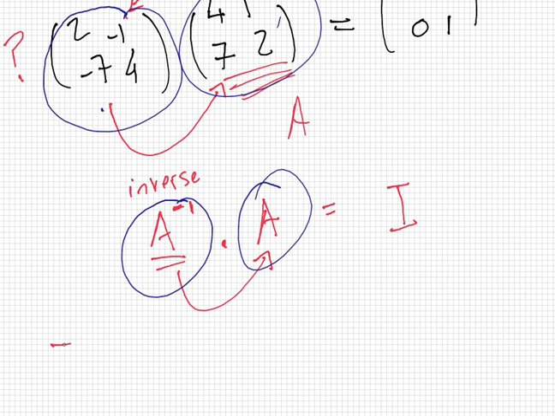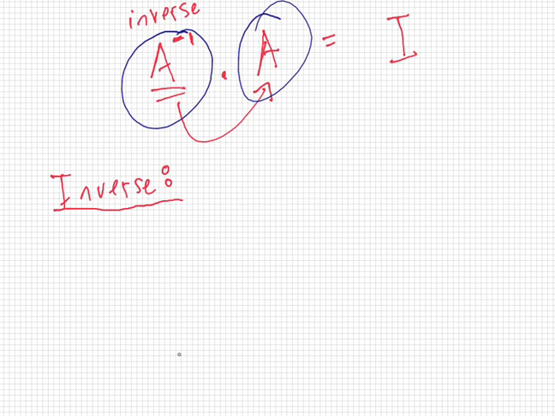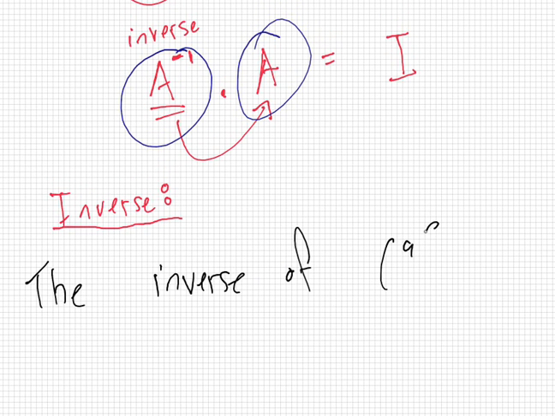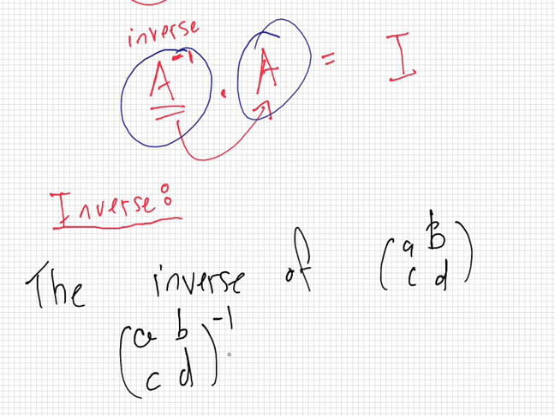So how do we find the inverse? The inverse of the matrix A, B, C, D. Let me just call this A, for example.